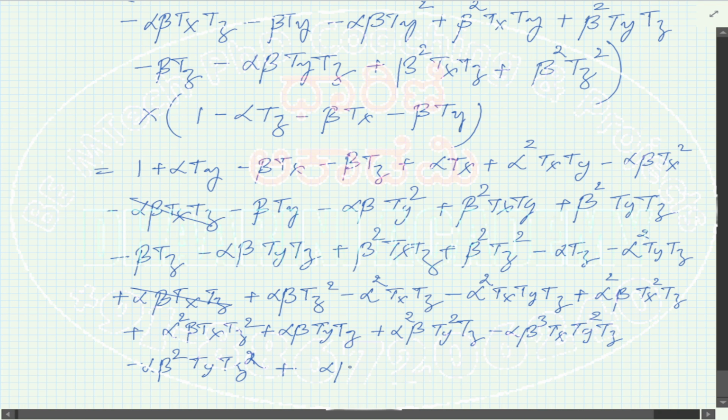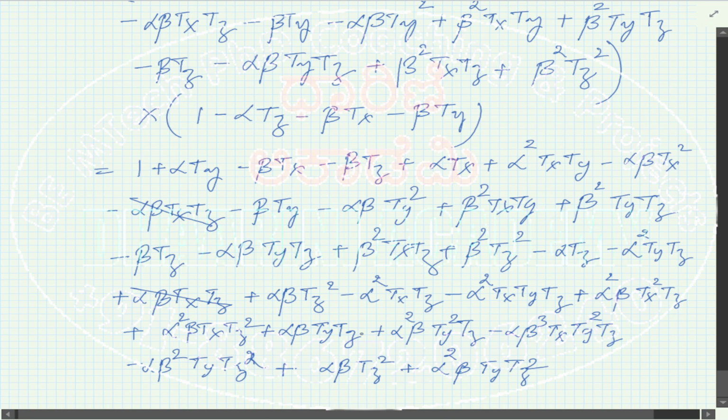This is alpha beta tz square. So you can see the terms getting cancelled. One term should be minus of alpha beta tz square, another should be plus. Then minus of minus is plus. This is alpha square beta ty tz square.